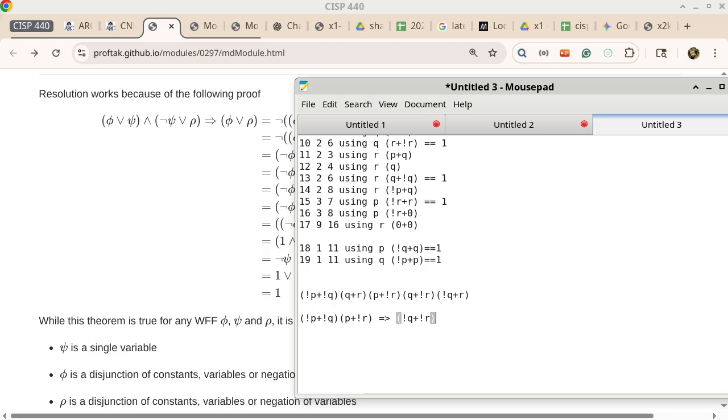Is that okay? So now the question is, can we append not Q or not R to the original CNF so that if the original CNF is going to imply false, then the bigger, longer one will also imply false? That is the question. The question really is asking if X implies Y, what happens to X and Y?